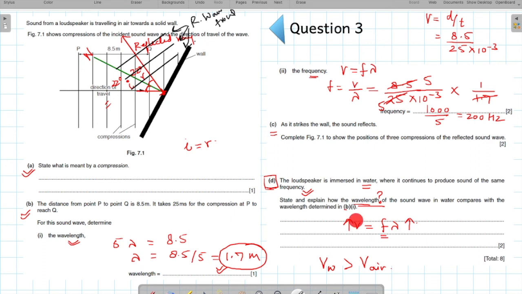So what do you say? You write this whole equation, V is equal to F lambda.